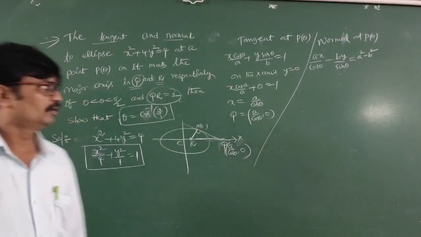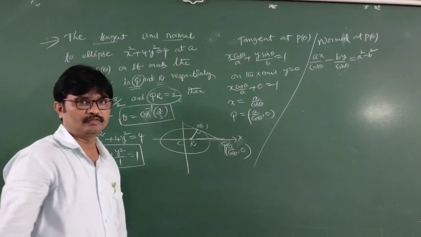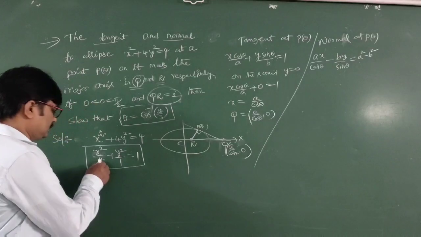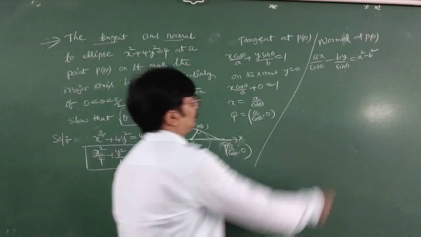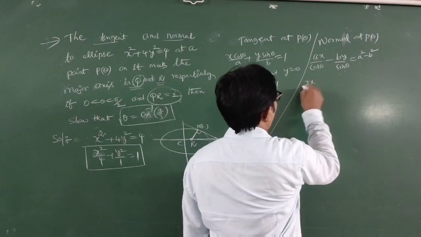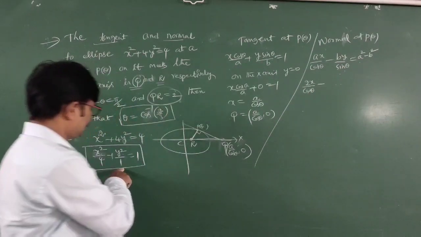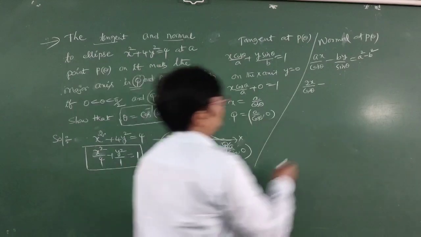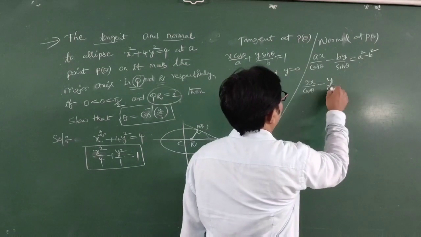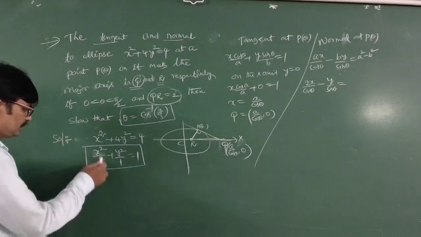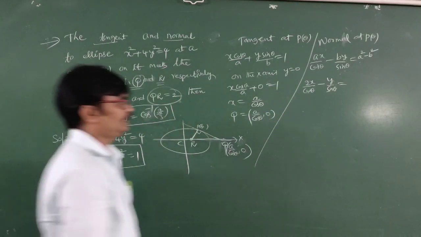Here a square is 4, so a is 2, and b square is 1, so b is 1. So a square minus b square is 4 minus 1, that is 3.